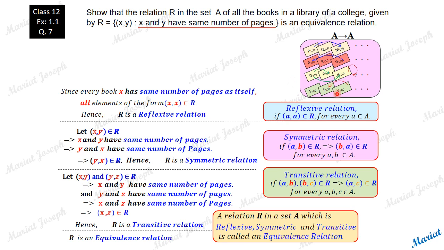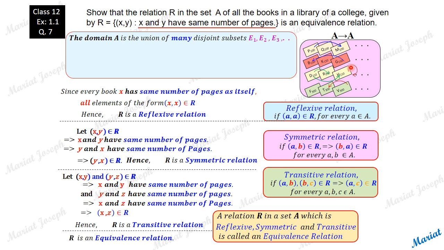Something more about it. Look, this set is now the union of many disjoint subsets like this. The subsets are the set of all books having 100 pages, the set of all books having 130 pages, the set of all books having 230 pages, another set having 300 pages, and there can be a few more subsets.